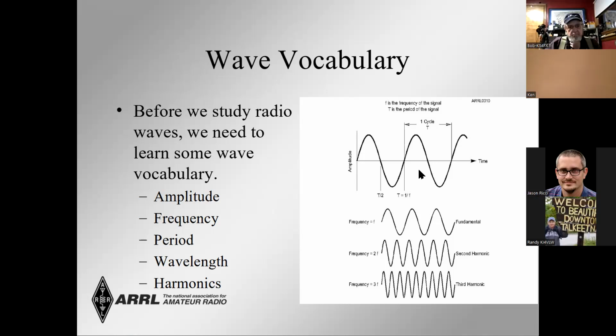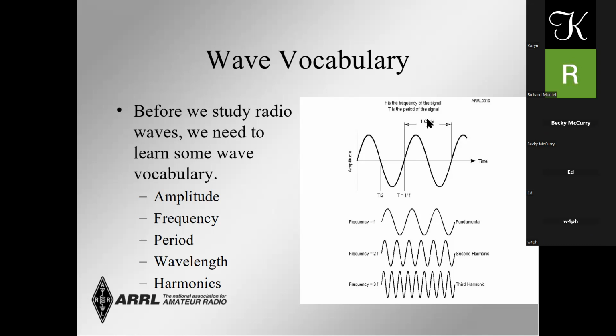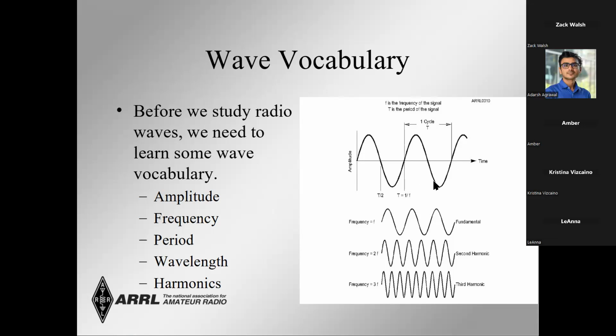The next thing that we need to look at is the period. And the period is from one crossing point to another crossing point of this line. This is one oscillation. And the period is the time it takes to do that oscillation. And then the next thing is the frequency, which is how many times that oscillation occurs in 1 second.